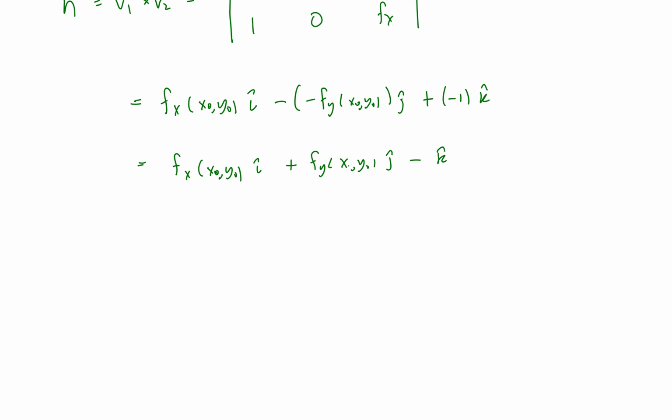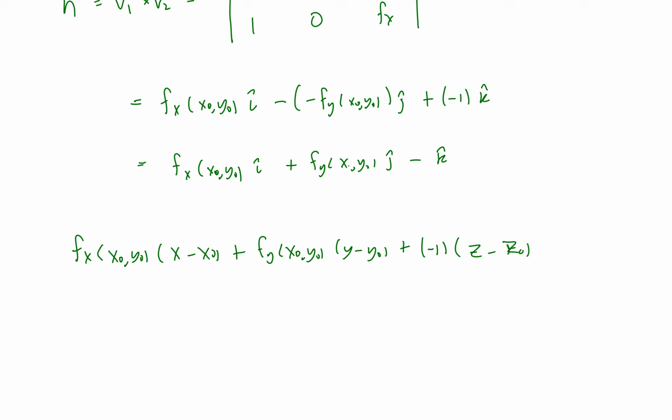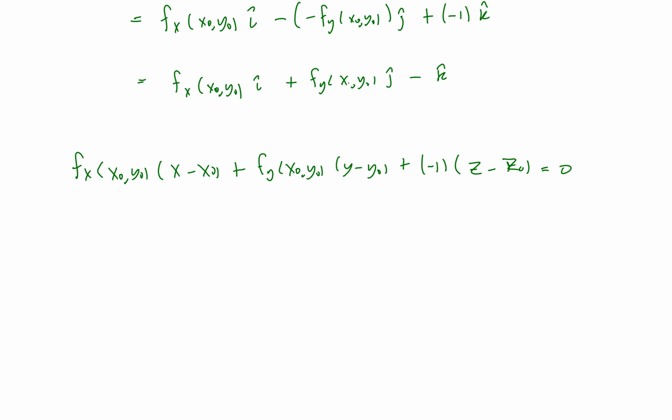So then what is our equation for this based upon what we've done above? Well, this would be f sub x, x0, y0, times x minus x0, plus f sub y, x0, y0, times y minus y0, plus negative 1 times z minus z0 equals 0. Well, if we bring the z to the other side, this exactly gives me z is equal to z0 plus those terms.